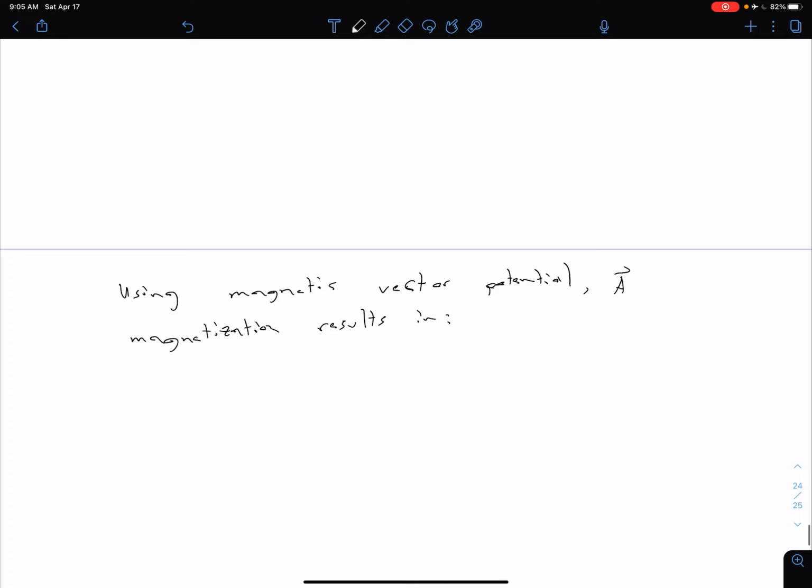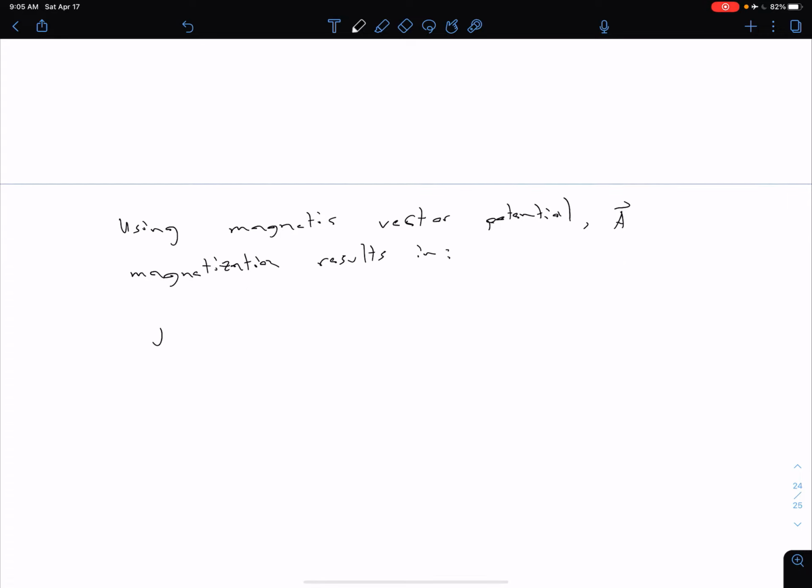We're going to have two current densities associated with this, the same way as we talked about charge densities when we were talking about polarization.